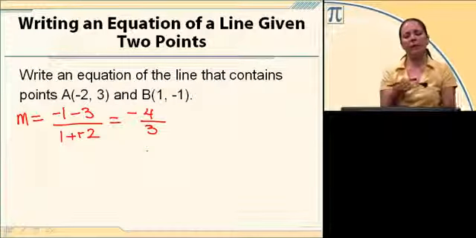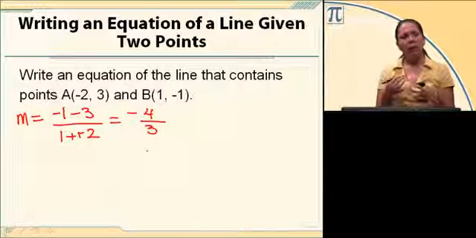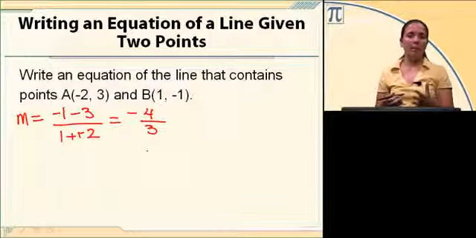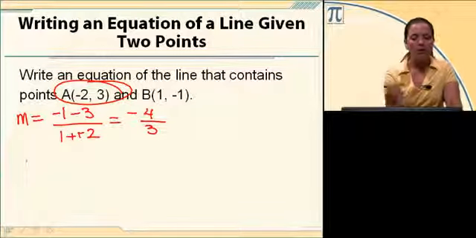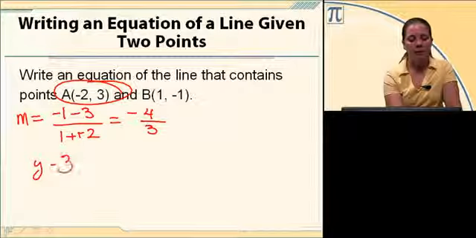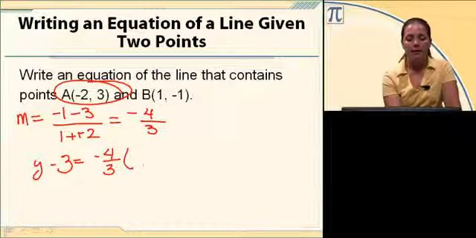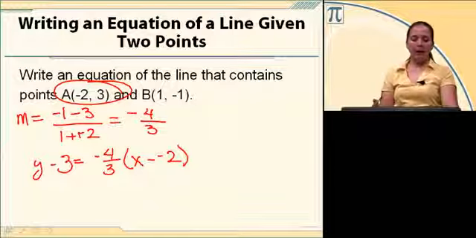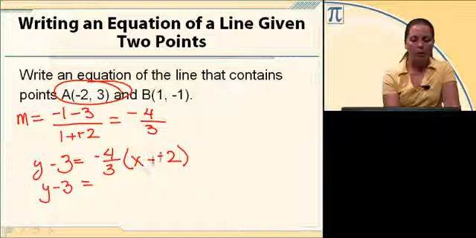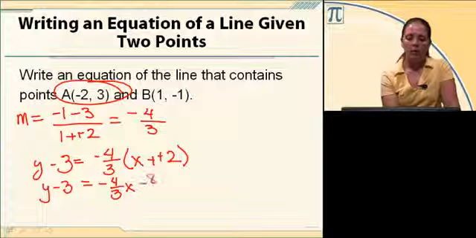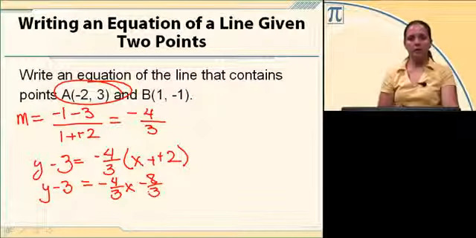Now, to find the equation of the line, you get to pick. Do you want to use point A or point B? It won't matter. I'll use point A. y minus y1, so y minus 3 equals m, which is negative 4/3, times x minus x1, so x minus negative 2. This gives me y minus 3 equals negative 4/3 x minus 8/3.